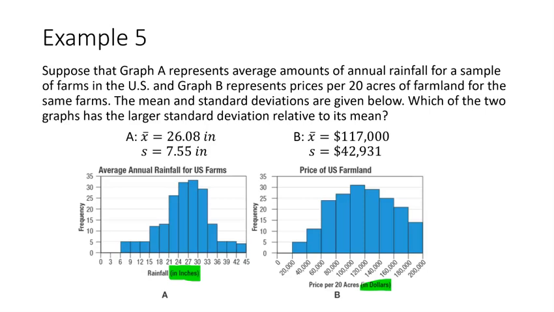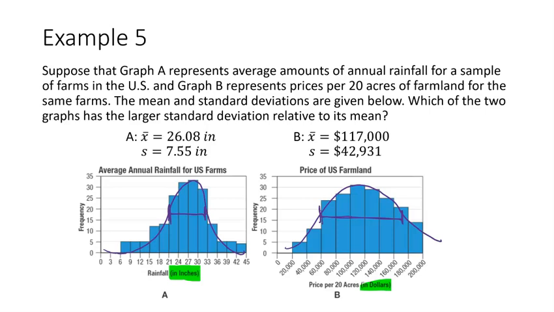Now let me pause just a minute. It is possible to talk about who has a bigger standard deviation, aka more variability, by looking at the graph. Notice how the big chunk of my data here is spread out wider versus this graph, the chunk of my data is a little closer together.